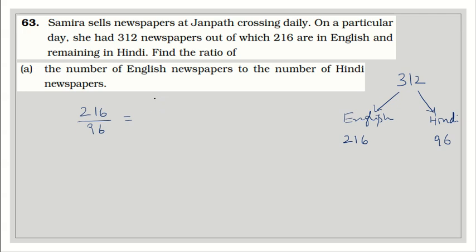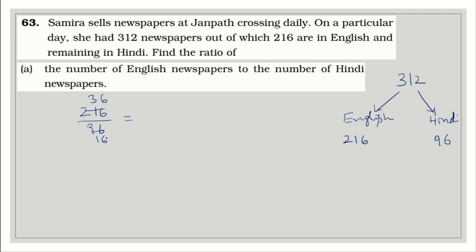If you start cancelling with their common factor, let's say here 6 cancels: 6 threes are 18, so from 21, 3 comes here, 36. So, 6 sixes are 36. Here 6 ones are 6 and 3 comes here.